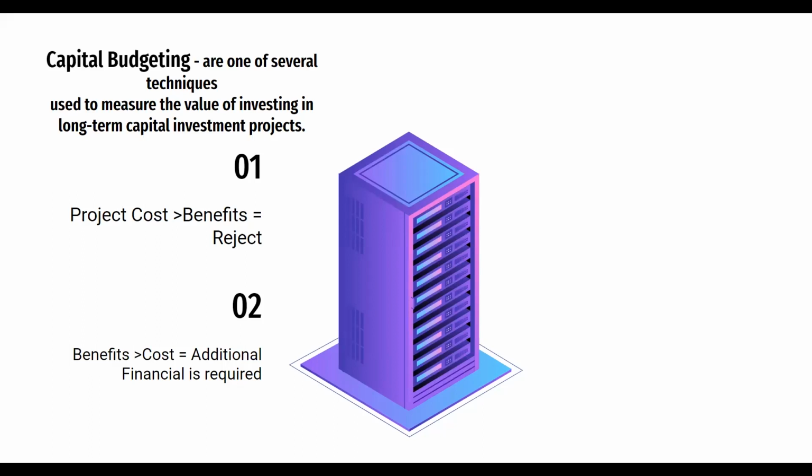So, the principal capital budgeting models for evaluating IT projects are the payback method, the accounting rate of return on investment, the net present value, and the internal rate of return.